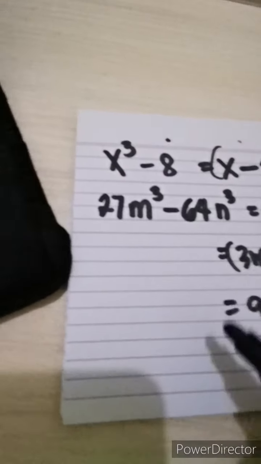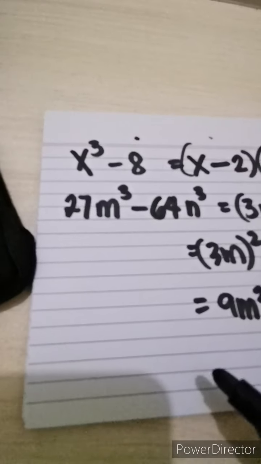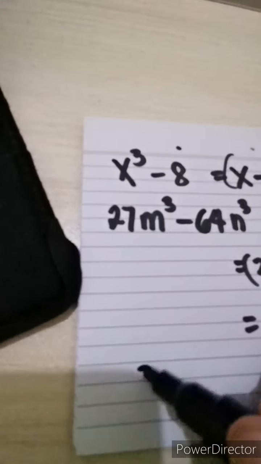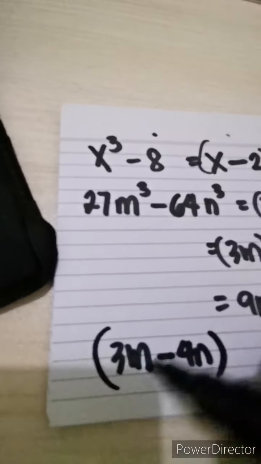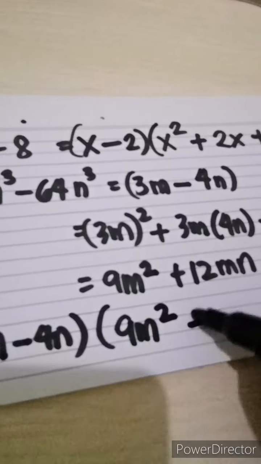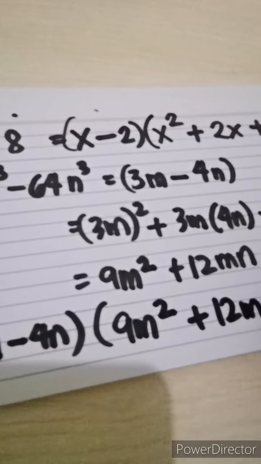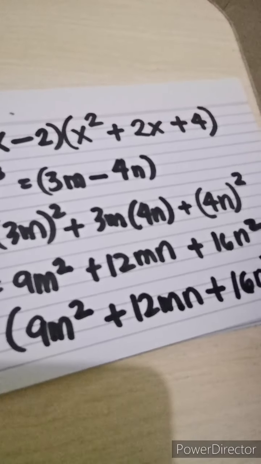Okay, so the factors of 27m cubed minus 64n cubed is equal to 3m minus 4n times 9m squared plus 12mn plus 16n squared.